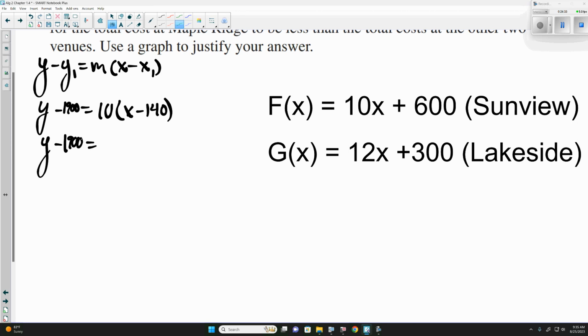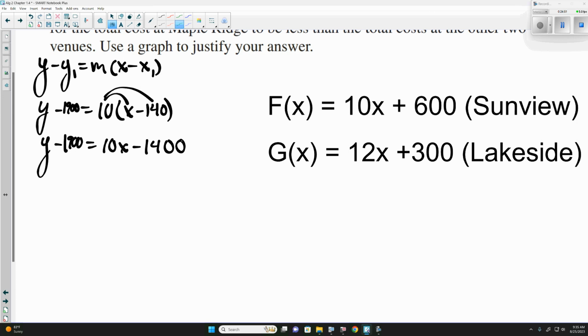$1,900. And just like with the last one, we need to get this equation in the form of y equals. Almost. There we go.